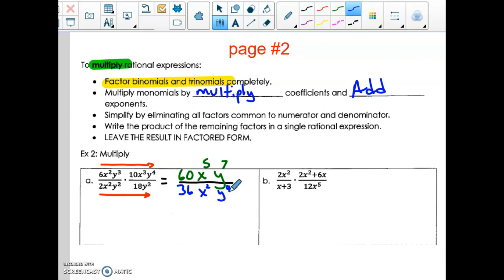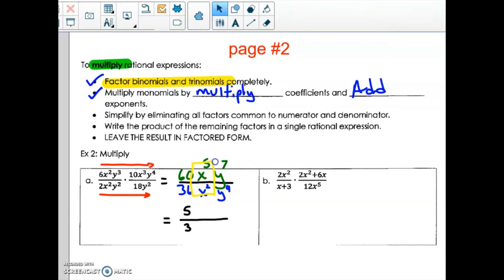So we tried to factor, there was no factoring. We multiplied together. Now we're going to simplify by eliminating all factors common to the numerator and denominator. Let's simplify this fraction. We're looking for a number that goes into 60 and 36, and that would be 12. So 12 divides into 60 and 36, which gives 5 over 3.